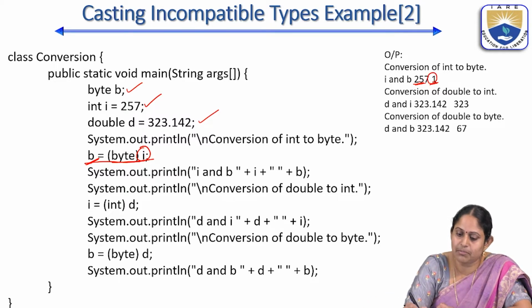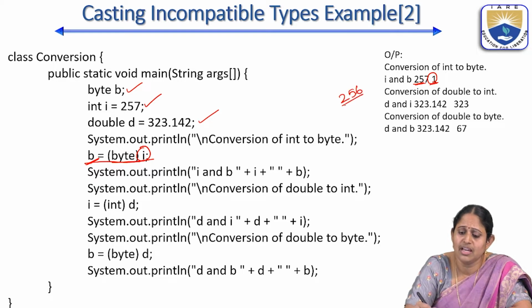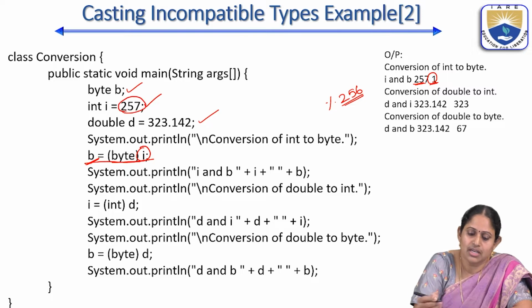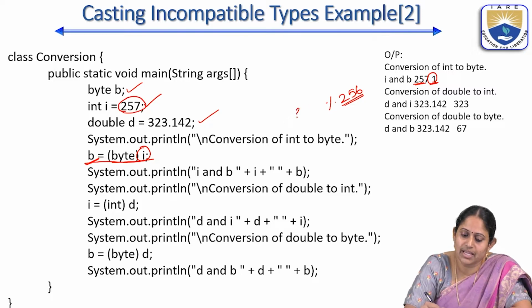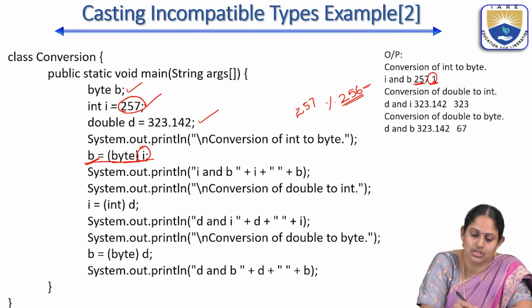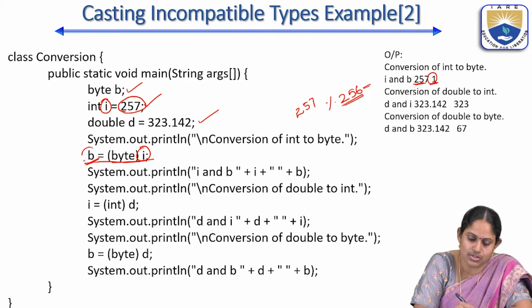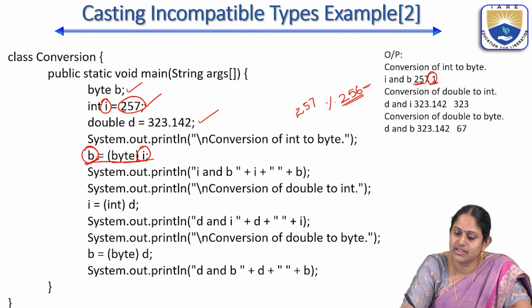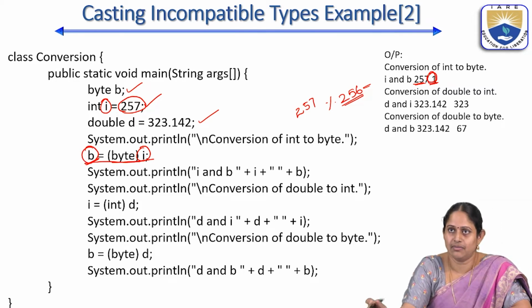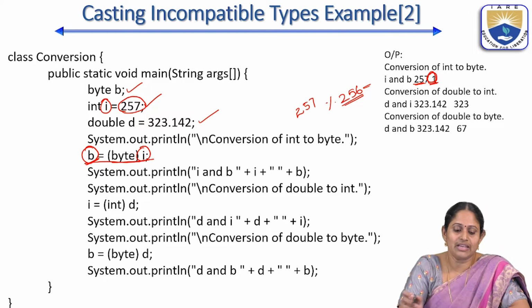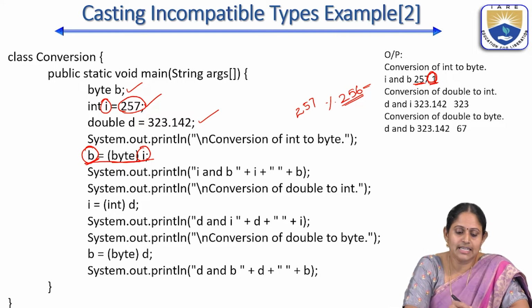This is obtained by performing a modular division by 256. This particular integer value is modular divided by 256, and the remainder is stored into b. That is why we get the value 1 stored into b when we typecast the integer into byte.